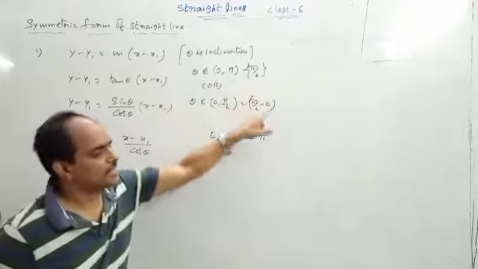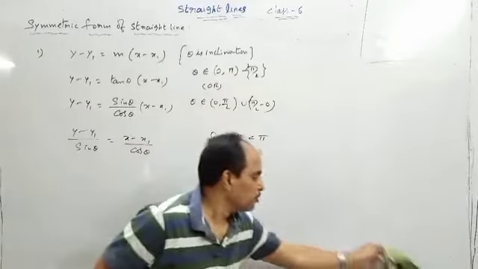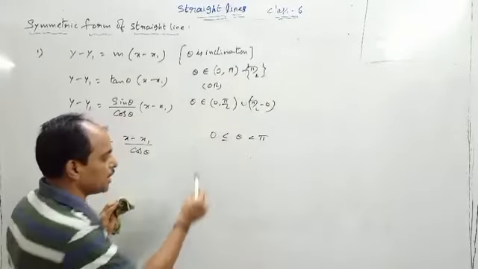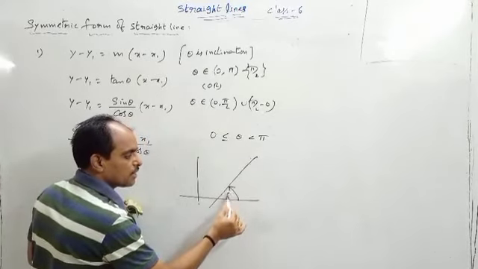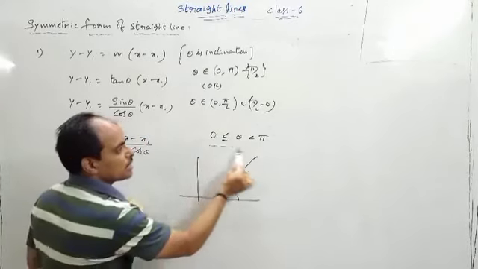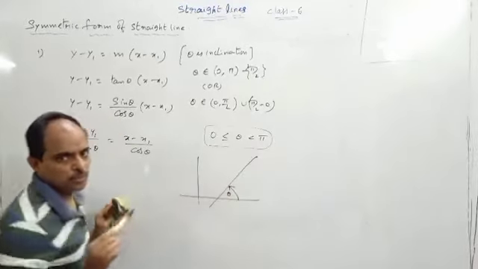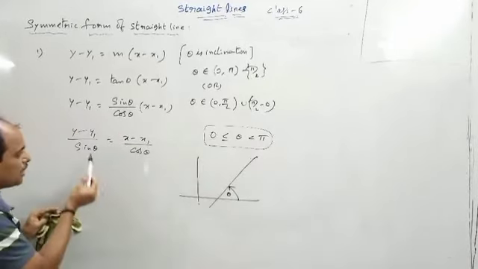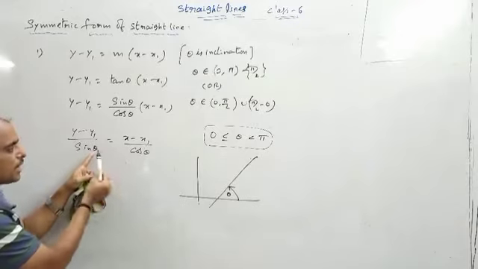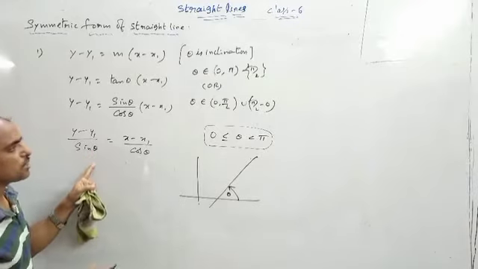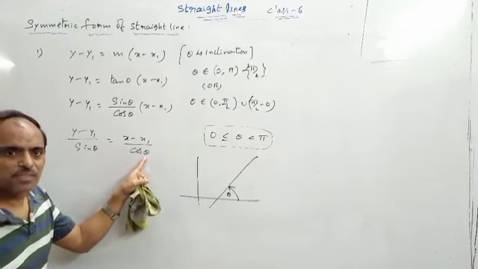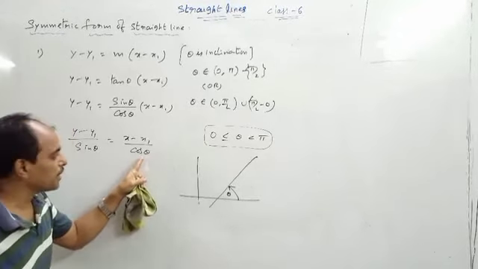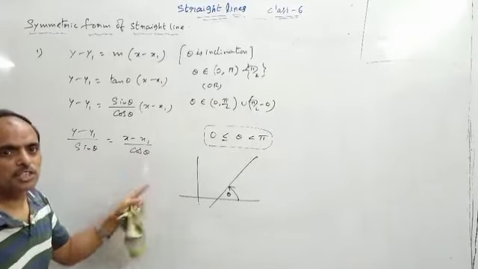Why did I write it like this? I will explain. I told you about inclination: if it is theta, this is called the inclination, and it is between 0 and pi only. But here the denominators are sin theta and cos theta. Suppose theta is equal to pi by 2, then cos pi by 2 is 0, so the denominator is 0, not defined.